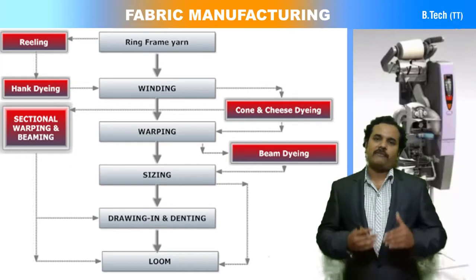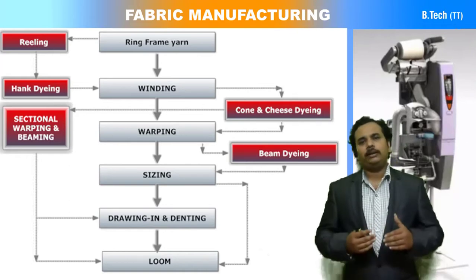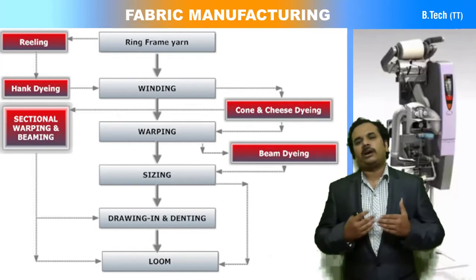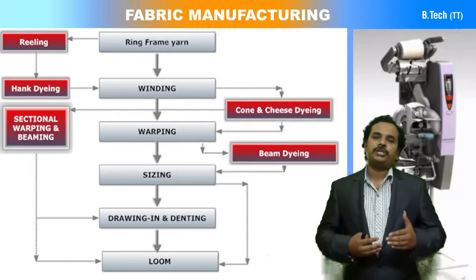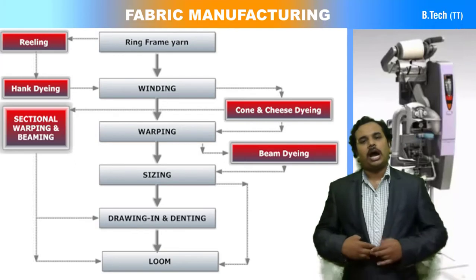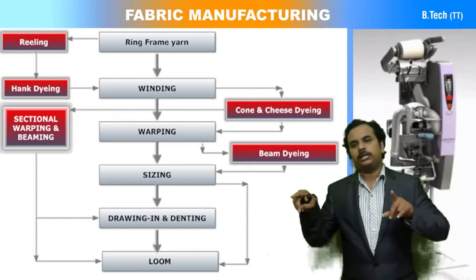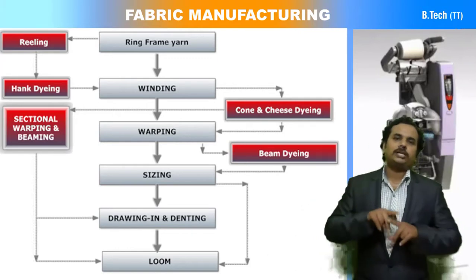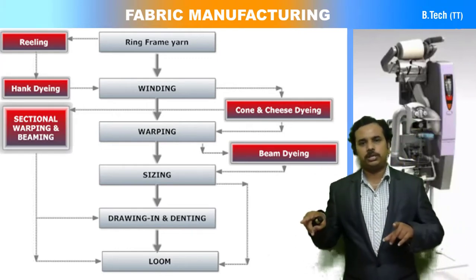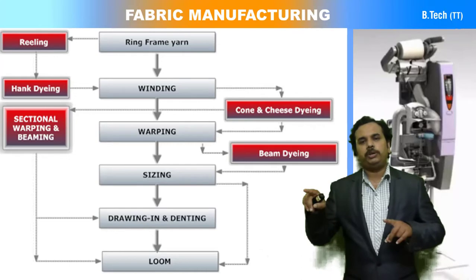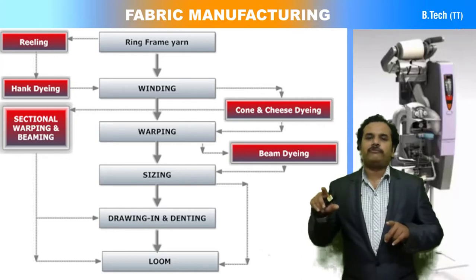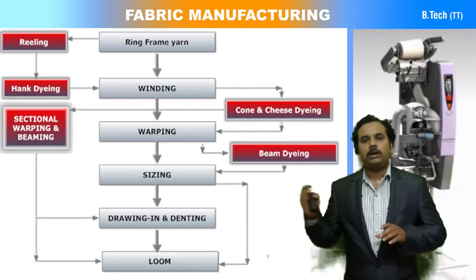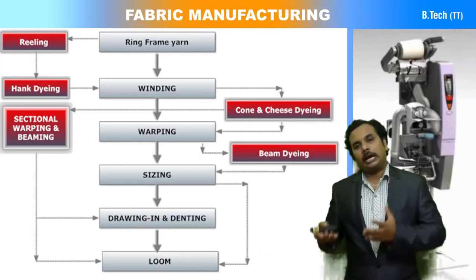After sizing we have post-sizing operations, which are drawing-in and denting. Then the warp sheet is sent to weaving. The next process is weft preparation. Weft yarn is prepared; if we have a shuttle loom, we prepare the pirns.